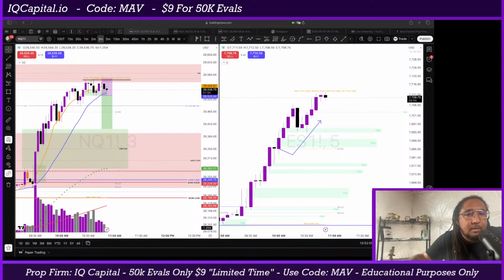So let's see if we can get down below this fair value gap as we approach this new hourly candle.